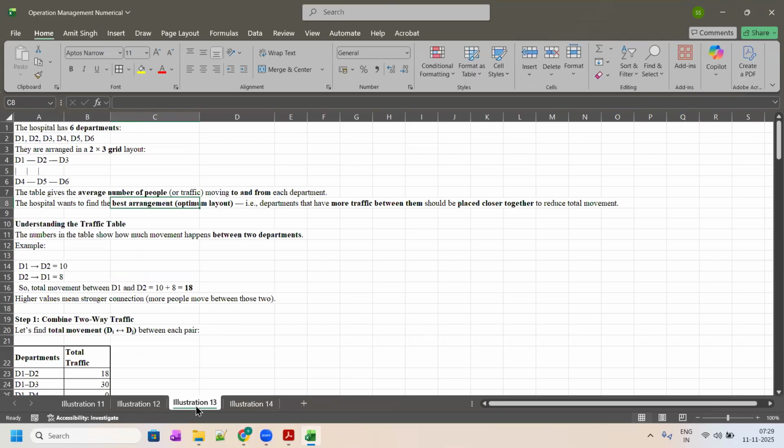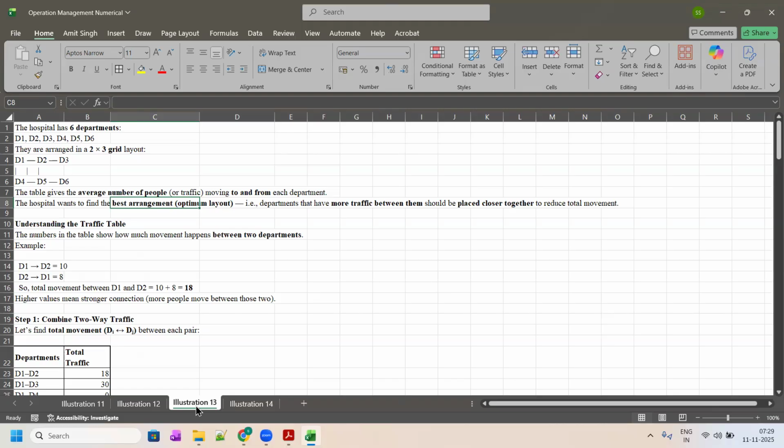But even then, instead of giving this kind of question where we have to find the optimal value, if they had asked that for this layout this is the cost, can you suggest a new layout, or if some new layout is given and its cost is asked, then it would make more sense.